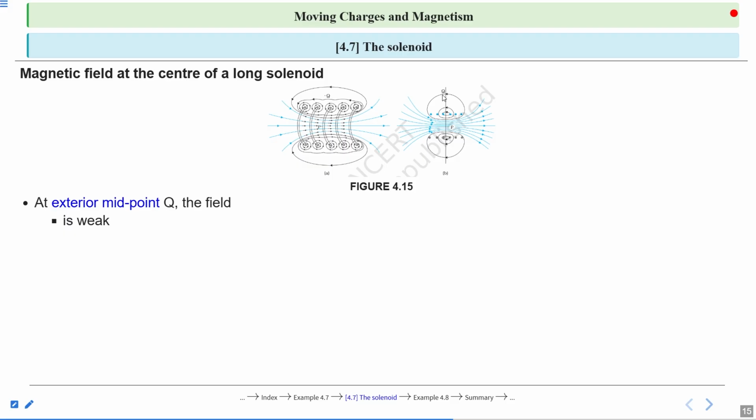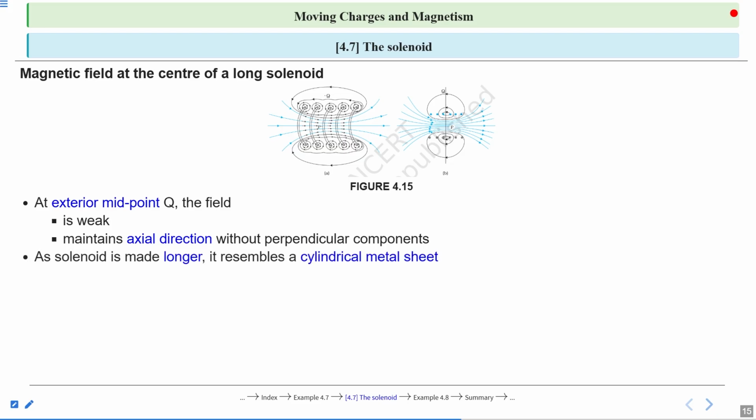So at exterior midpoint Q, the field is weak, but it maintains the axial direction. At the Q point, there is no perpendicular component of the field, only the horizontal component. So it maintains the axial direction without a perpendicular component.